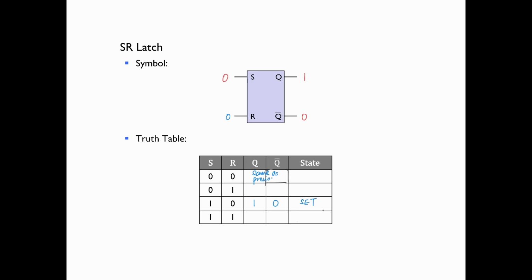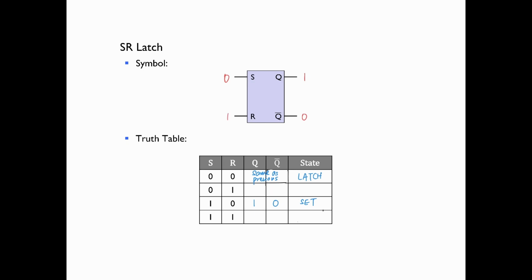Basically, Q and Q bar don't change when both set and reset are 0. This is what we call the latch mode. In the meantime, set can go back to 1, then go back to 0, and it will not change the output of Q and Q bar.